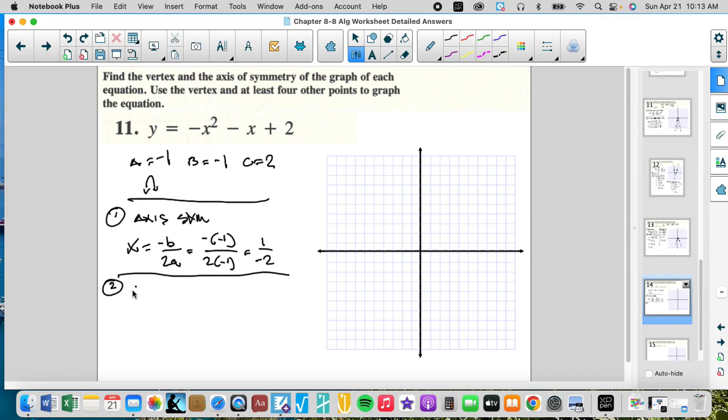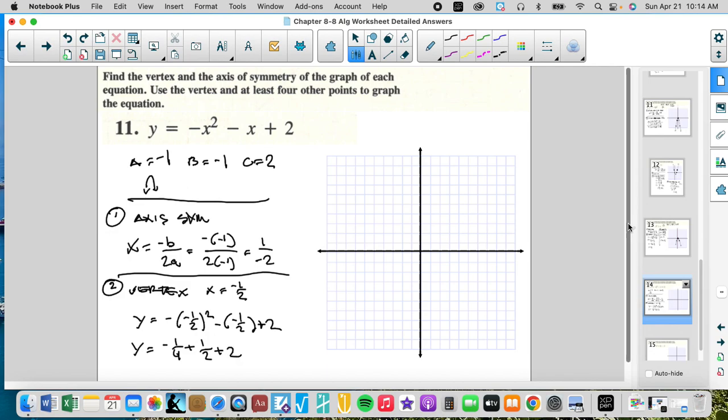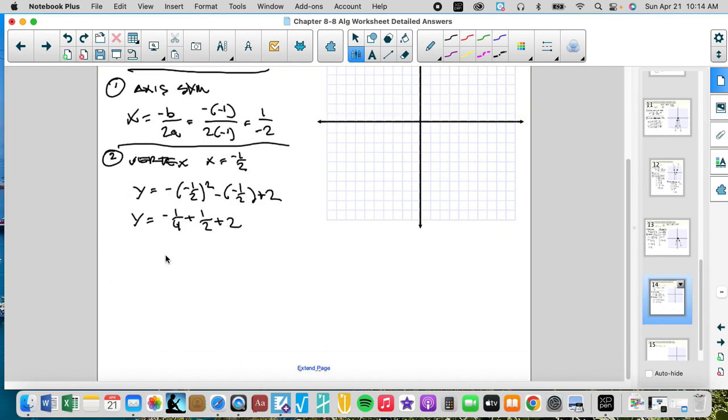Part 2 is the vertex. That's taking my x equaling negative 1/2 and plugging it into the equation. The opposite of negative 1/2 squared minus negative 1/2 plus 2. And we get y equals negative 1/4 plus 1/2 plus 2. I know I'm correct because I'm taking my time this time.